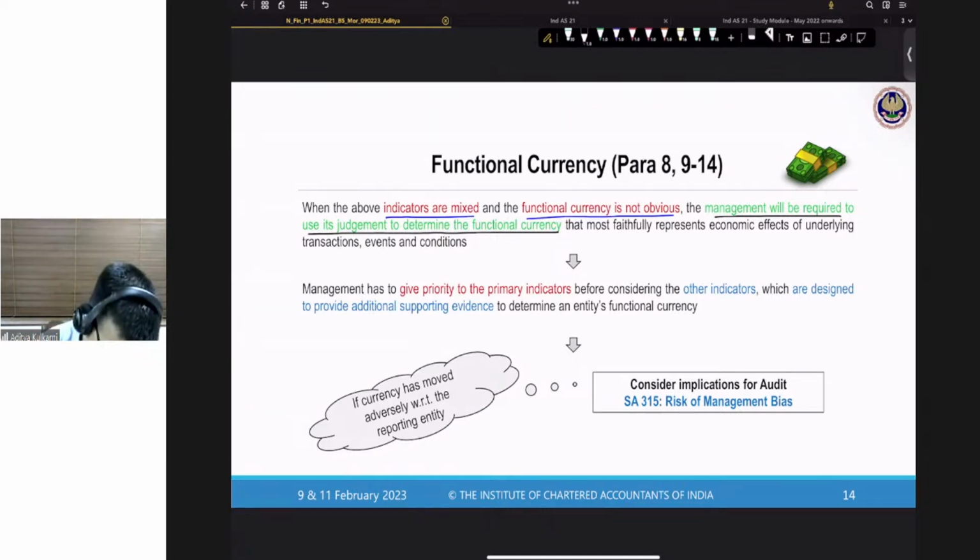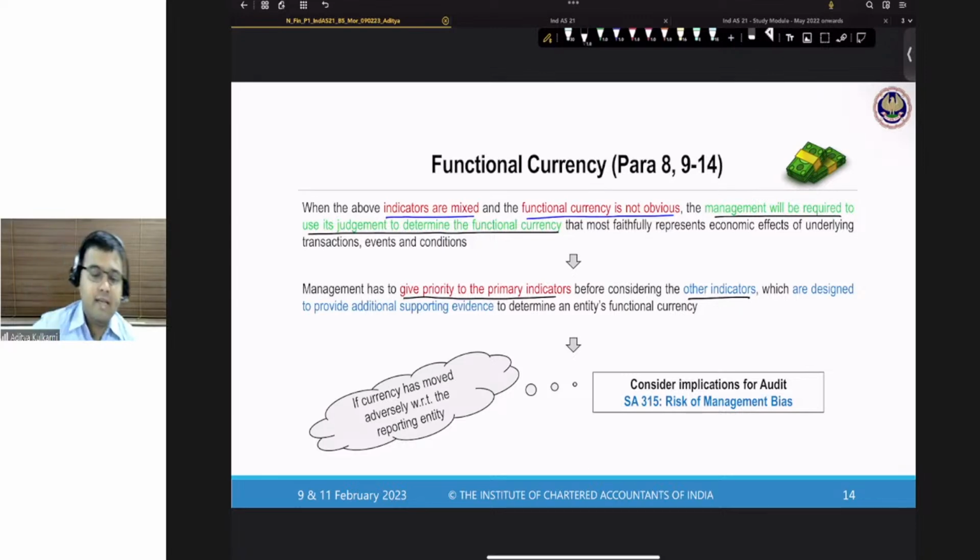Okay, so management has to give priority to the primary indicators. Then you move on to the secondary indicators, which are designed to provide additional supporting evidence to determine an entity's functional currency.